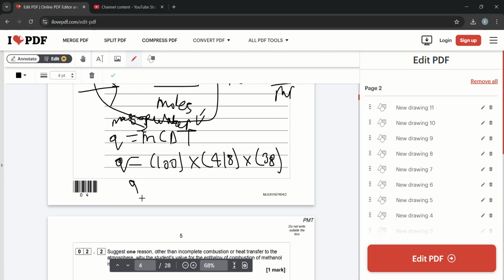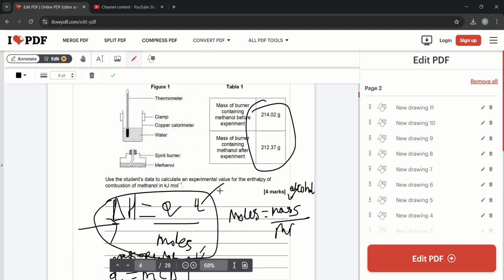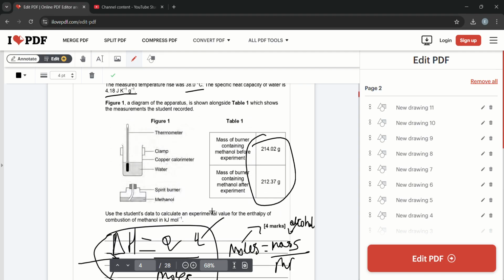So we get Q equals 15,884. And here's another key thing. This is in joules. Just be a bit wary because we're going to need to do a bit of converting later on. Now the moles of what we're working with, methanol, moles of methanol.